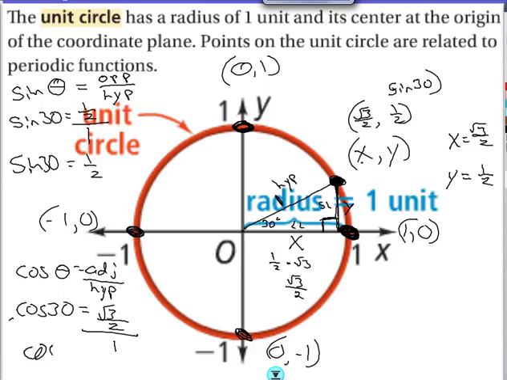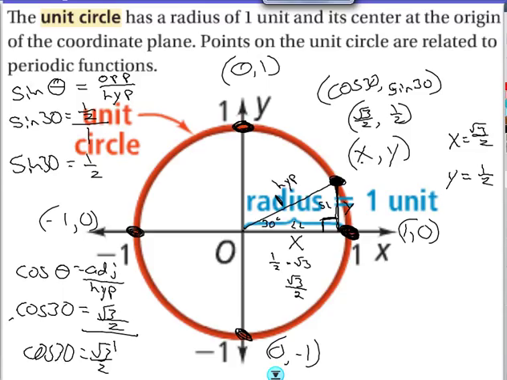So the cosine of 30 is equal to the square root of 3 over 2, which means the coordinate cosine of 30, sine of 30 is the same thing as the square root of 3 over 2, 1/2, which is the x and y coordinates for the values of cosine and sine of 30. Does that make sense?